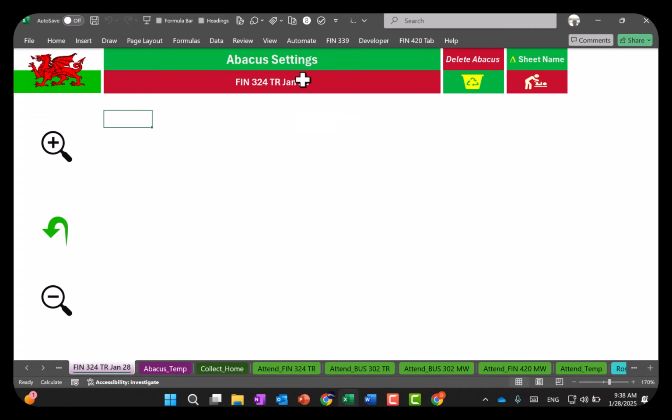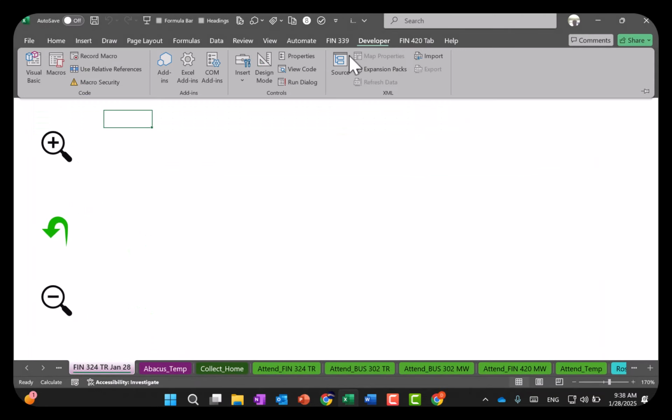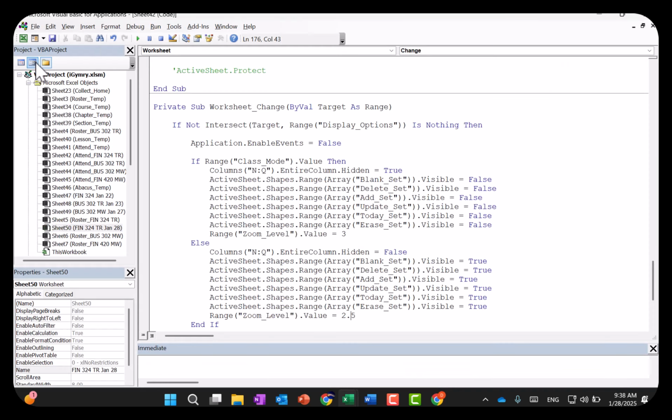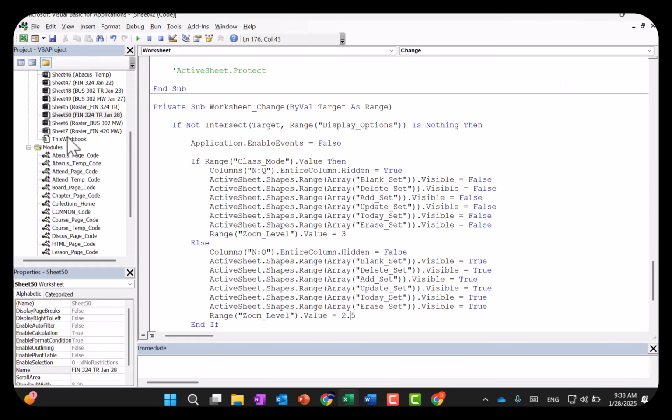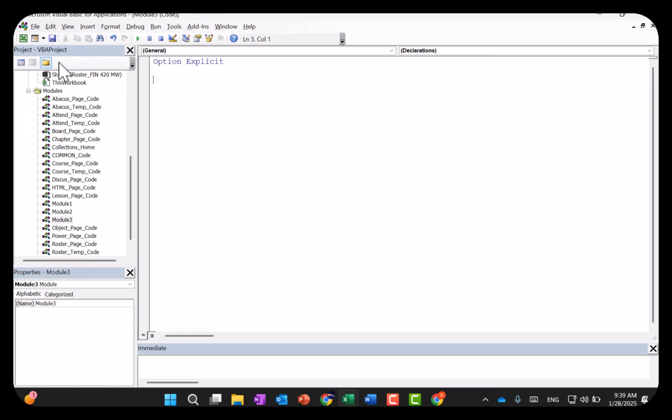I'm going to go to my developer tab and go to Visual Basic. And let me insert a module. You don't have to name your modules. It just helps me separate the code. Just for the hell of it, first I'm going to write a function.